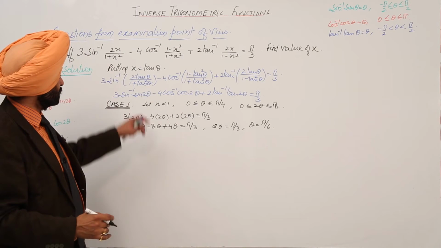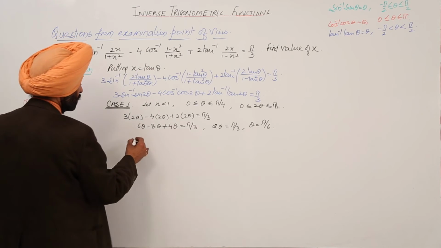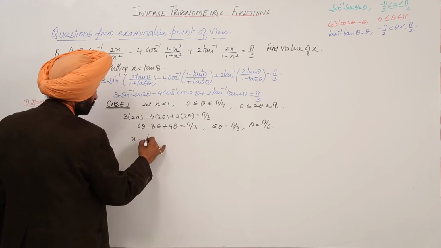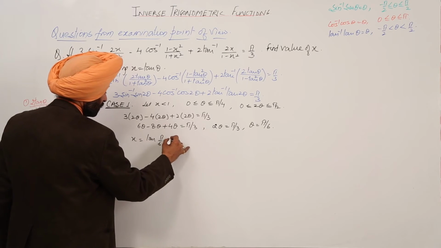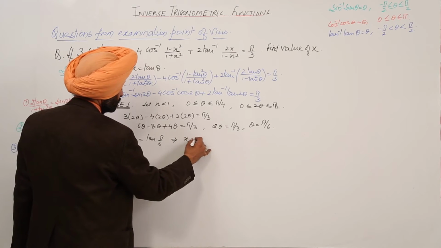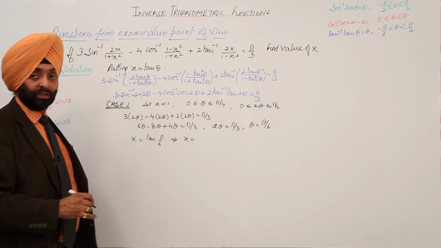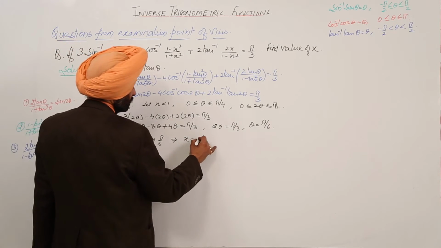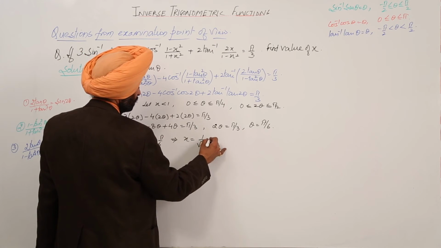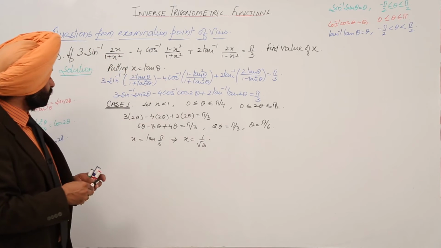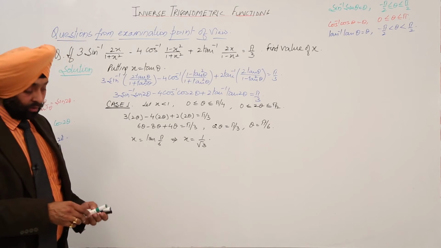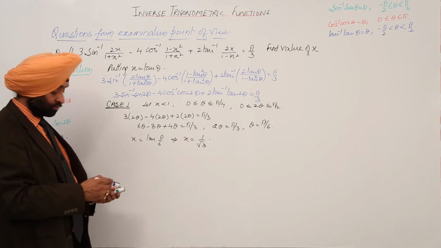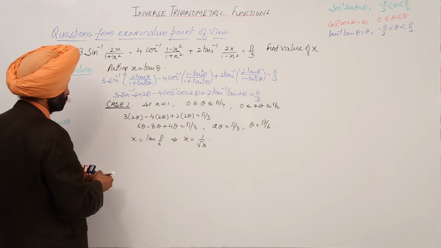Now we have taken x equal to tan theta, so x is equal to tan pi by 6, which is 1 by root 3. So in case 1 we get x is equal to 1 by root 3. Now let's move to case 2.